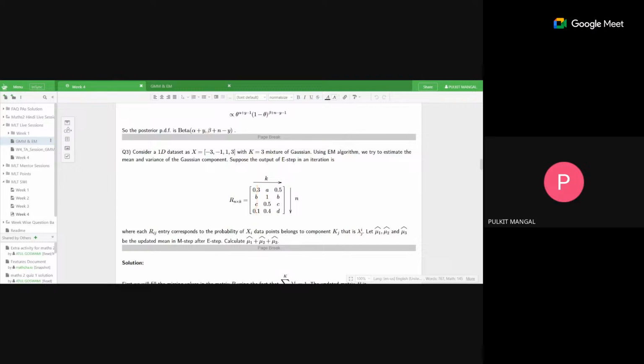Now I will implement the same thing in code, that is, I will slice the first column, or rather the kth column, because we are iterating over k, multiply that with the data matrix x, and divide that by the sum of the kth column.